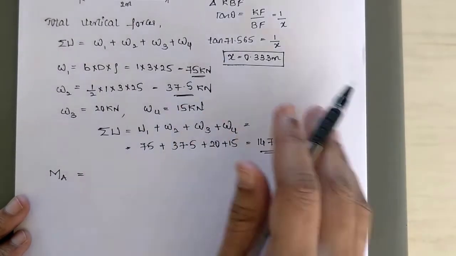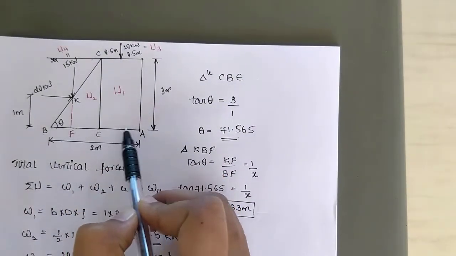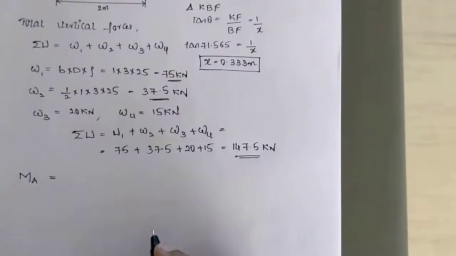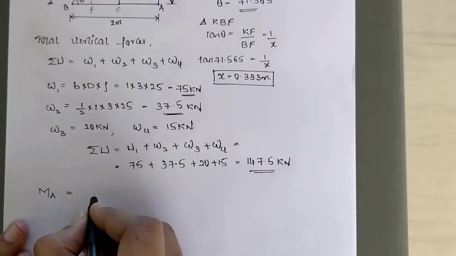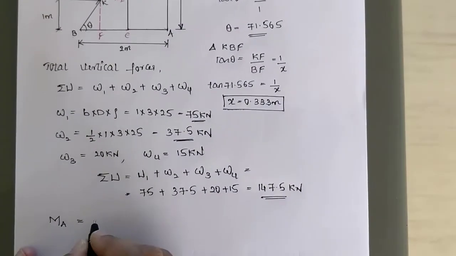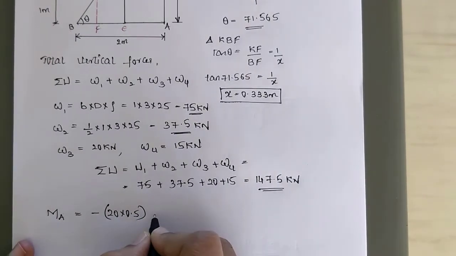W1 is 75 kilonewton, into its centroidal distance, which is width divided by 2. It is rotating anti-clockwise, so minus 20 into 0.5. Okay. Next is what?